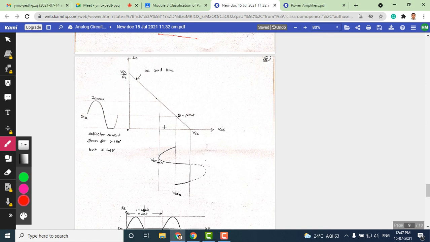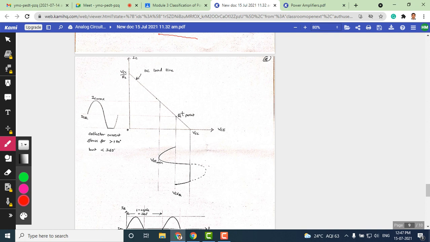Now let us see this with reference to the transistor characteristics. Here we are showing transistor characteristics with the DC load line. In all the analysis, we need not draw the characteristic curves here. It's implicit, it's understood. But you must be familiar with where exactly the Q point is located on the load line.